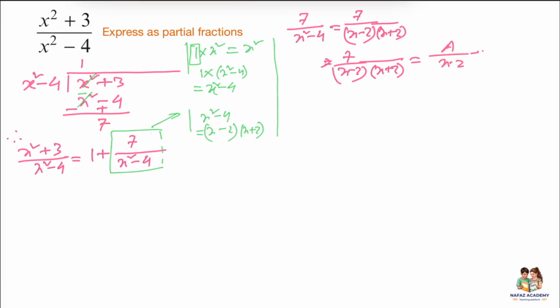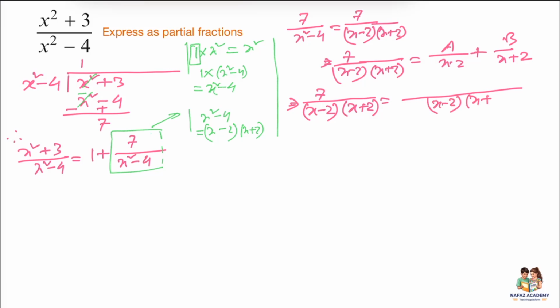A over x minus 2 plus b over x plus 2. Left side is as it is. Do the LCM: x minus 2, x plus 2.